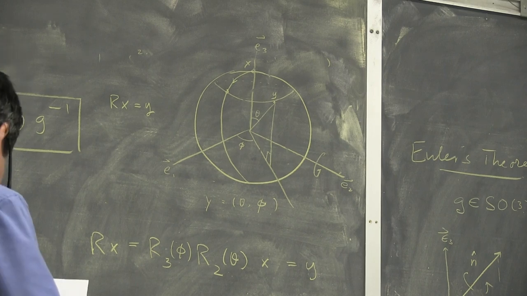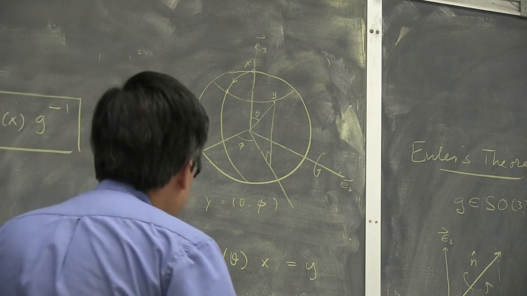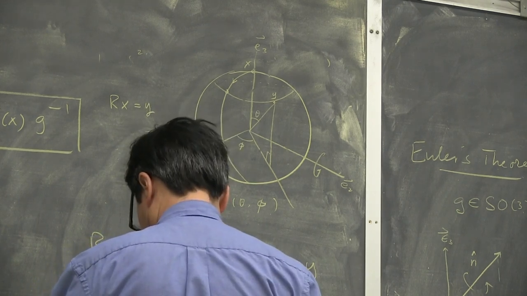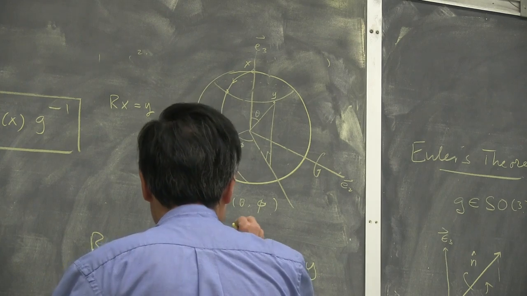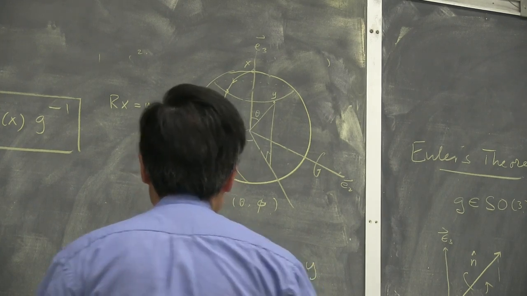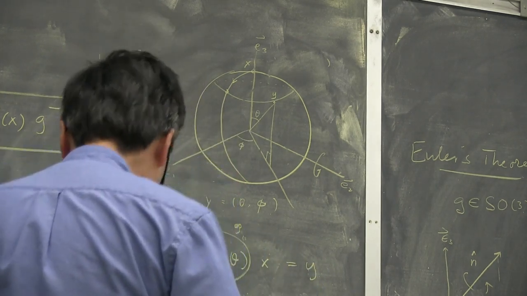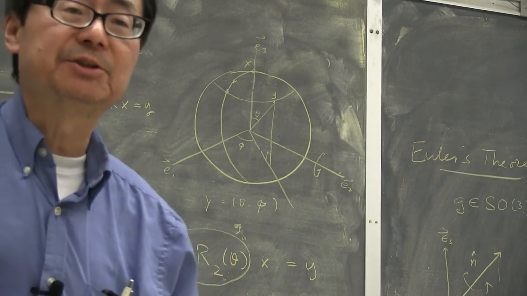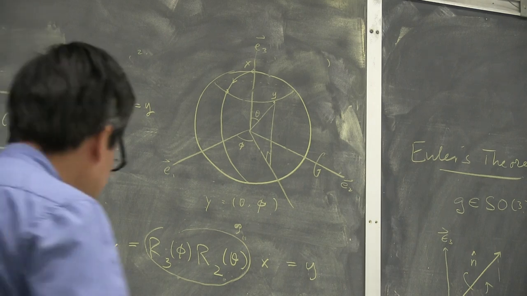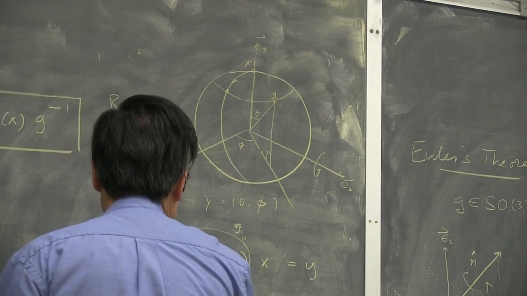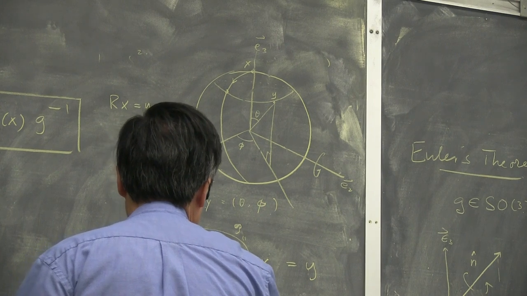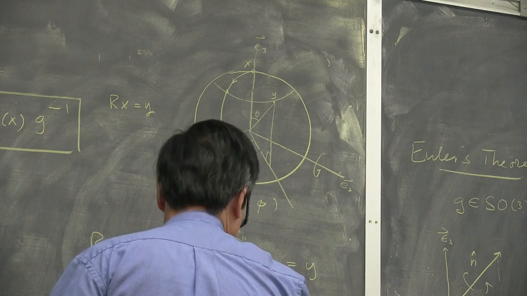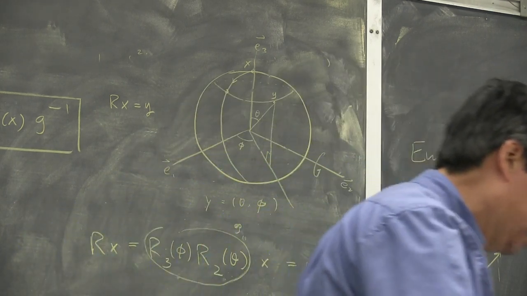And I'm going to write this one as G. Now G, being a product of two rotations, must be another rotation. It's G in SO3. So G, by definition equal to R3 phi R2 theta, must be something in SO3.